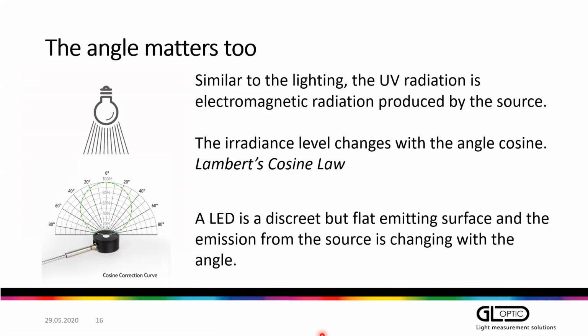So we are getting a more directional distribution. So the radiation can be focused on a specific area, but at the same time we are losing on efficacy, because whatever we put between the source and the object is going to absorb part of the radiation, and then we are going to lose some of the efficacy.